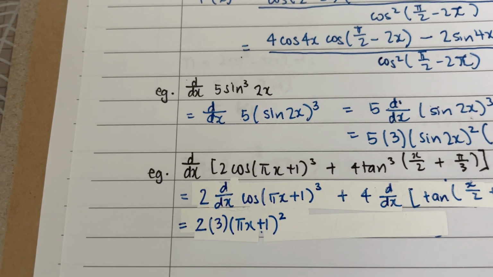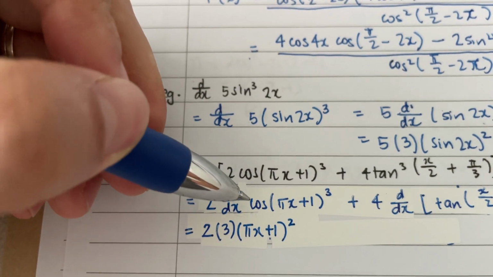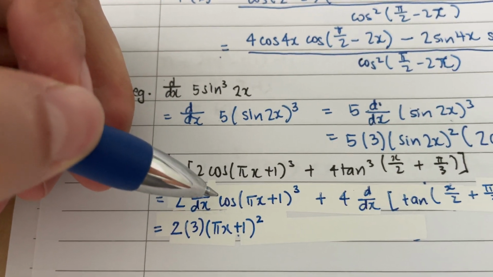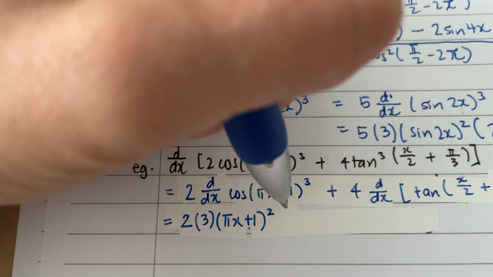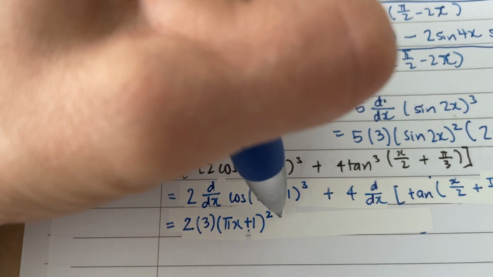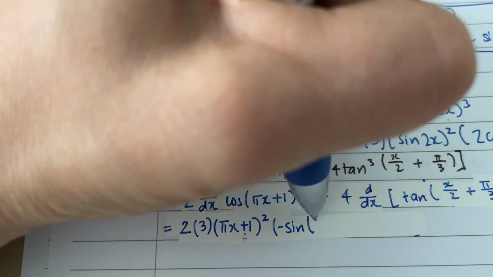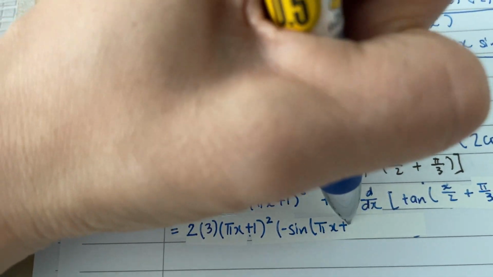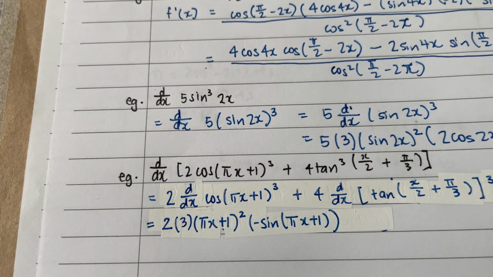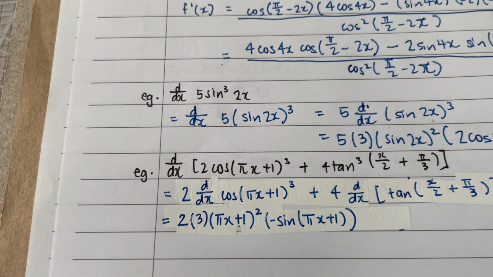Okay. And after that we have to change this into minus sine (pi x plus 1). Okay, so this is the first portion.